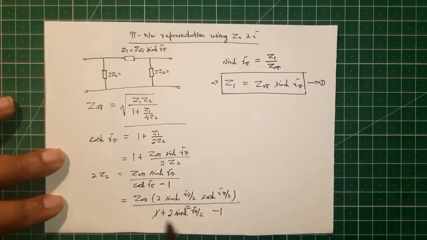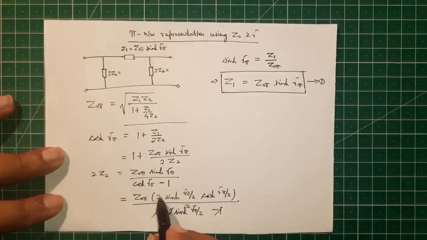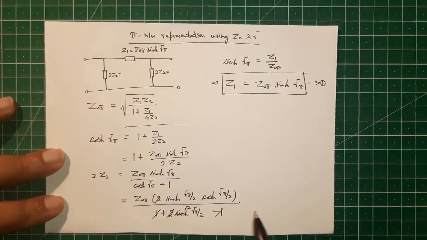We can cancel out certain terms from the numerator as well as the denominator.